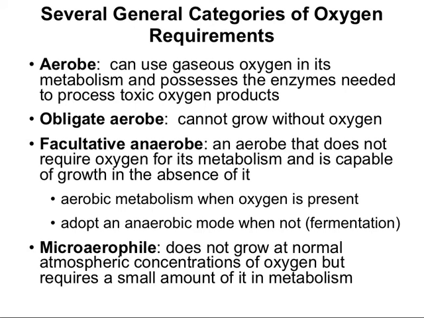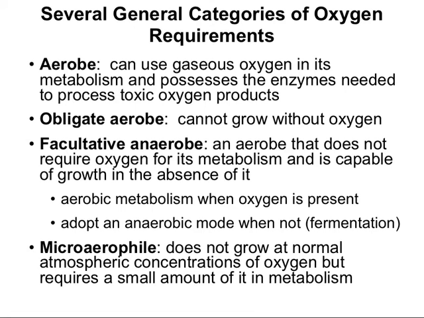That is, if oxygen is present, then they utilize the mechanisms of aerobic metabolism. However, if oxygen is not present, they adopt an anaerobic mode, for example, fermentation. A large number of bacterial pathogens actually fall into this facultative anaerobe category. Another category are the microaerophiles.